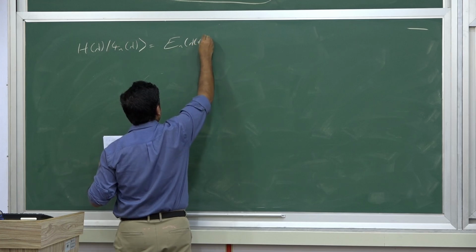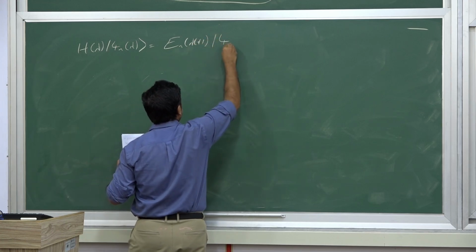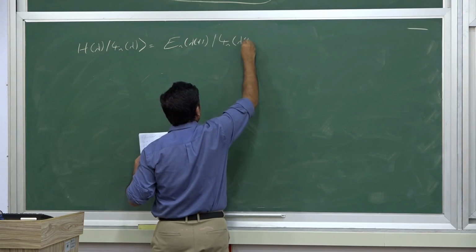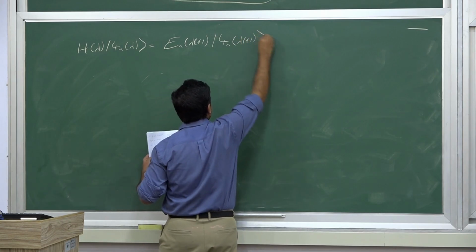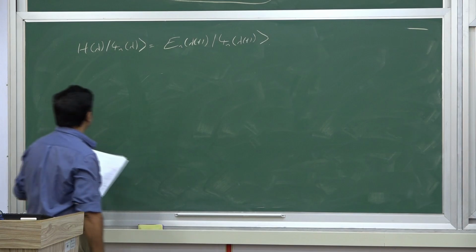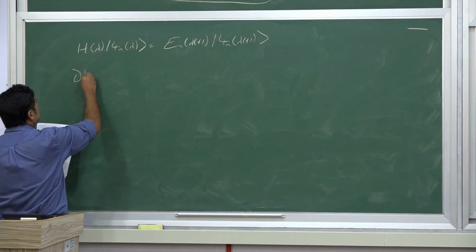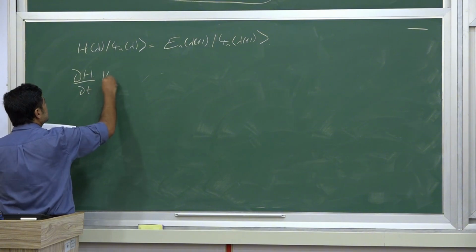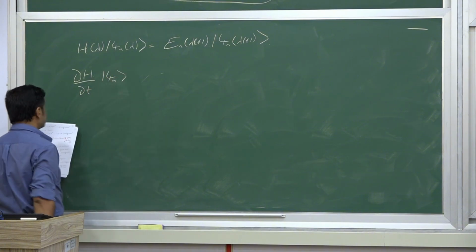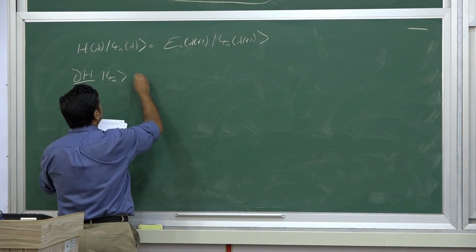They're all t dependent. And differentiate. So I get dH over dt psi n plus the other terms.